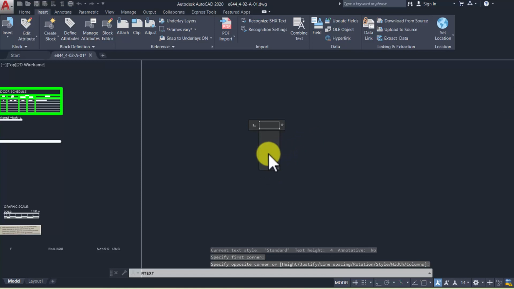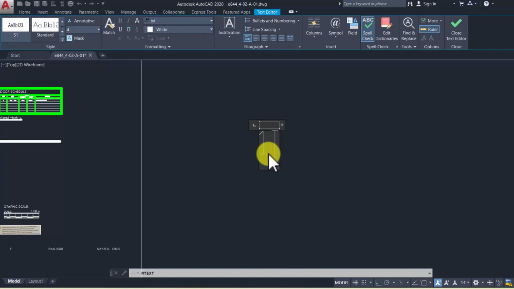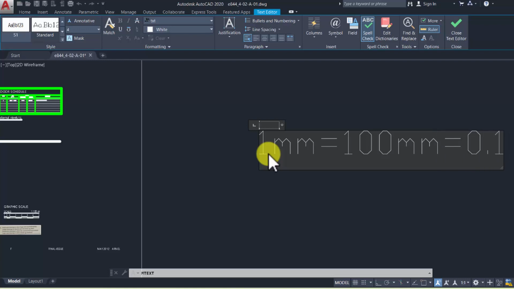So if I measure a line on this drawing and it is 10 millimeters long, for example, that line represents 1 meter in real life. You understand that, hopefully, that 10 millimeter long line represents 1 meter in real life.